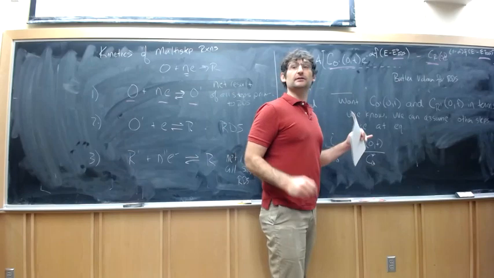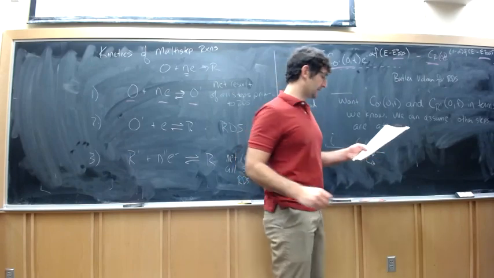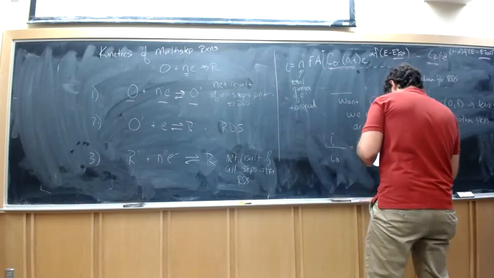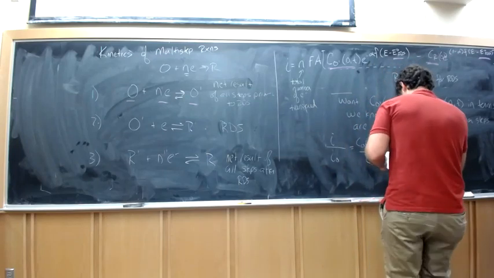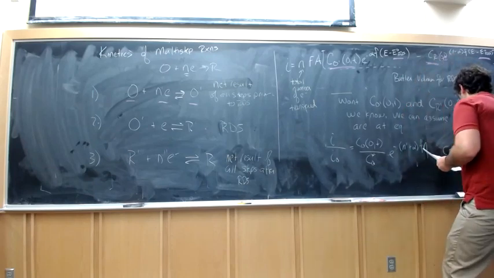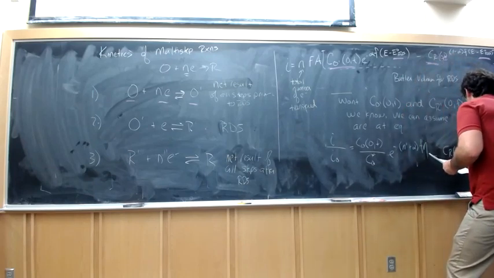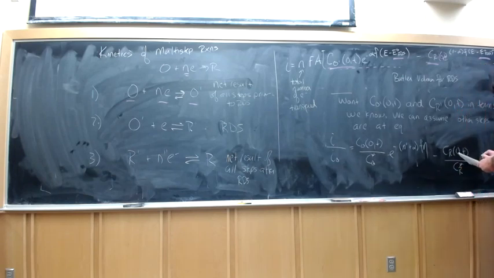These are actually the concentrations of O, our reactant, right? e to the negative n prime plus alpha F eta, minus CR 0t over CR star e to the n double prime plus 1 minus alpha F eta.